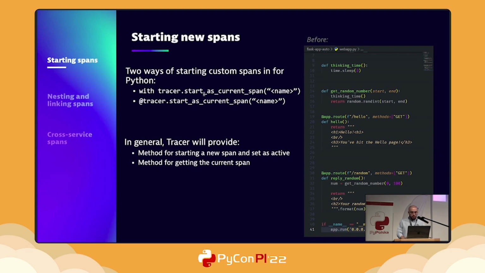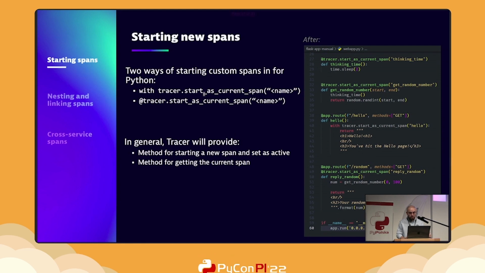So in order to instrument this example application, I can use either a decorator or manual tracing. Here is how it looks like. I decorated a couple of methods with a decorator and gave each decorator a name.